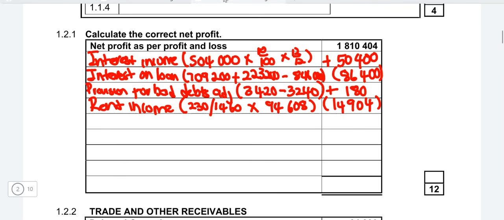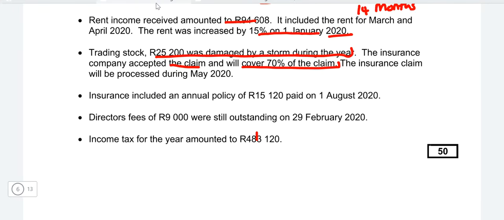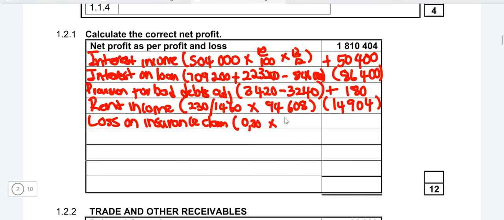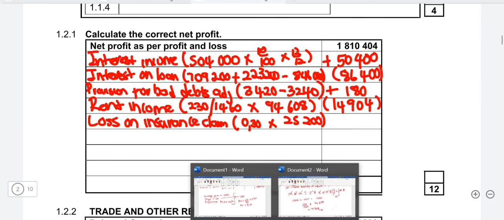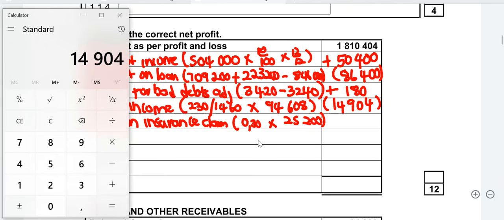So we can call this a loss on insurance claim, and we would show that it's 0.30 multiplied by the amount that we are given of 25,200. Remember this loss to us is an expense, so it will reduce our net profit.